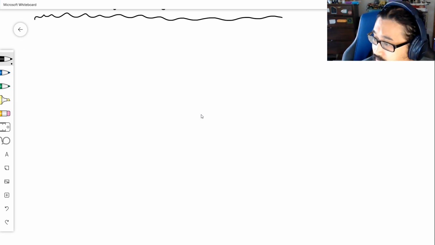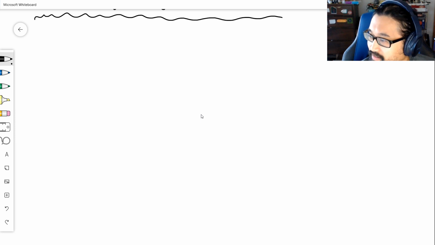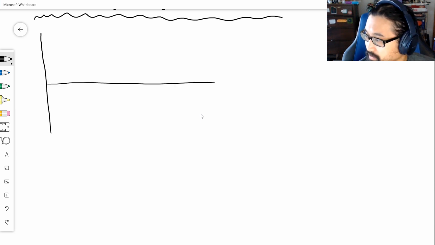I believe that the graph I did in class, I'm kind of looking at it, which is weird, because I'm looking up. Anyway, I believe that I had a graph that looked something like this. It went up, it went over, it came down.